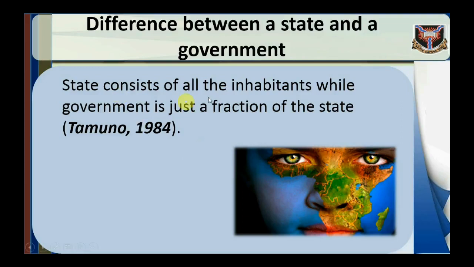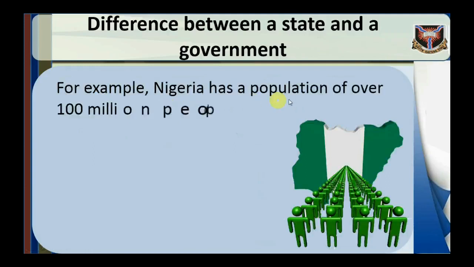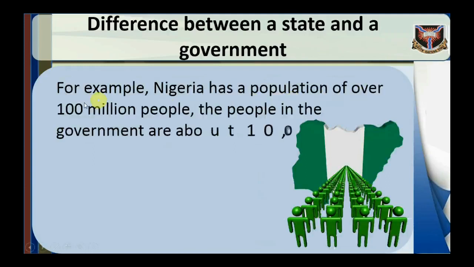State consists of all the inhabitants, while government is just a fraction of the state. Tamunu, 1984. For example, Nigeria has a population of over 100 million people. The people in the government are about 10,000.